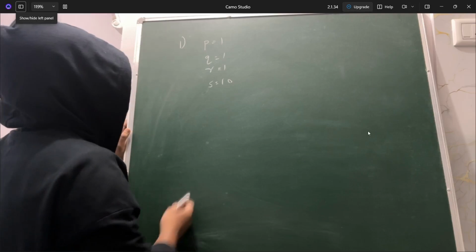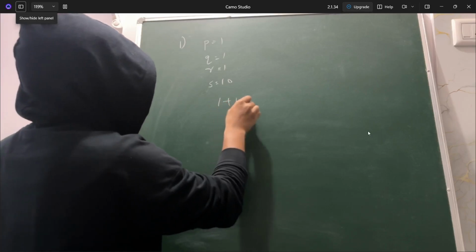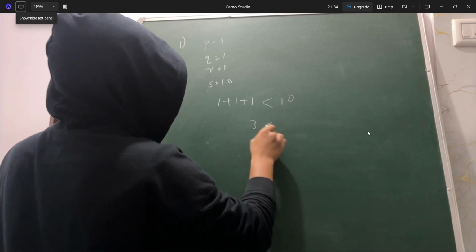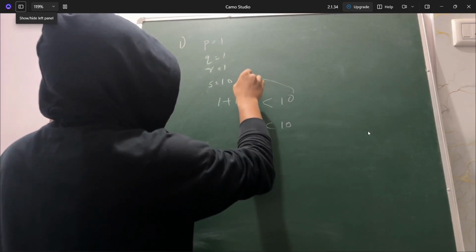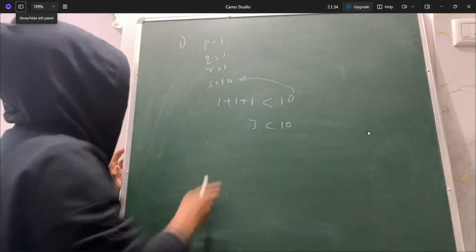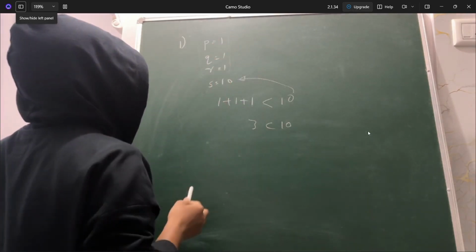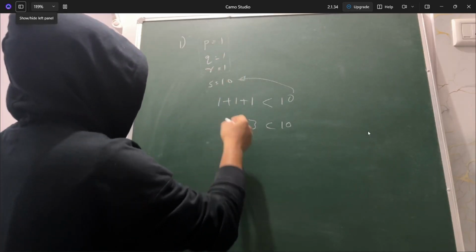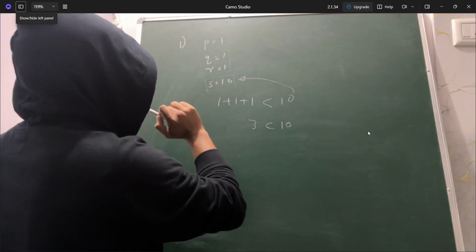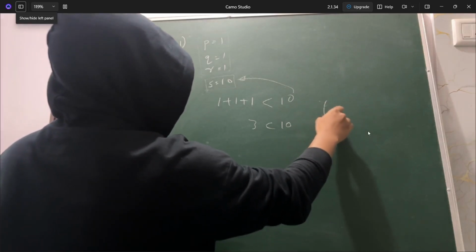If you sum up P, Q, R, that will be 1 plus 1 plus 1, which is less than 10. Okay, 3 is less than 10. You can clearly see that these 3 companies, if you sum up all together, the profits gained by them is strictly lesser than the profit made by company S. So in this case we need to print yes.